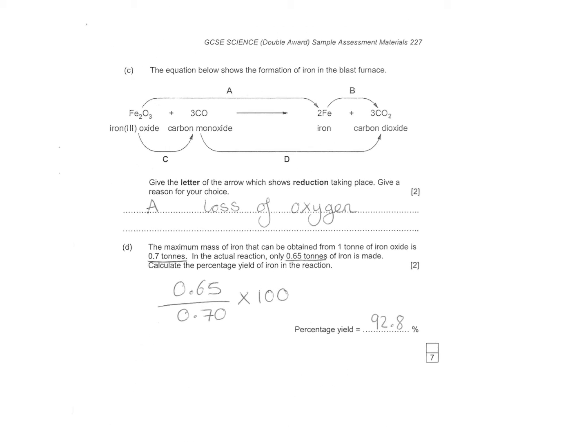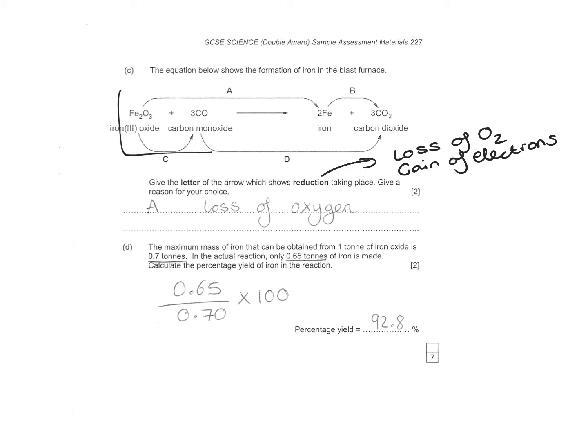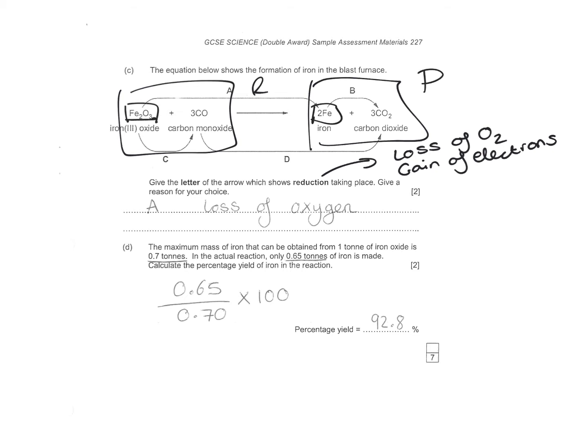Then it says, give a letter to show reduction. Reduction is the loss of oxygen, the gain of electrons. We can't see what's going on with electrons here, so we're looking for something that starts on the reactant side with oxygen and ends on the product side without oxygen. You can see iron oxide starts with oxygen, has no oxygen at the end.